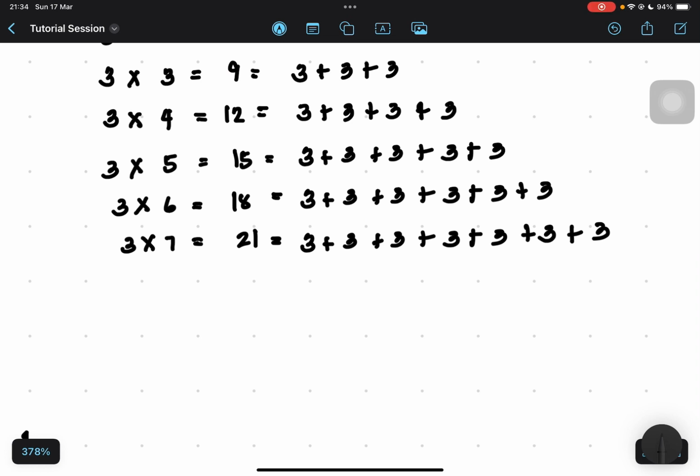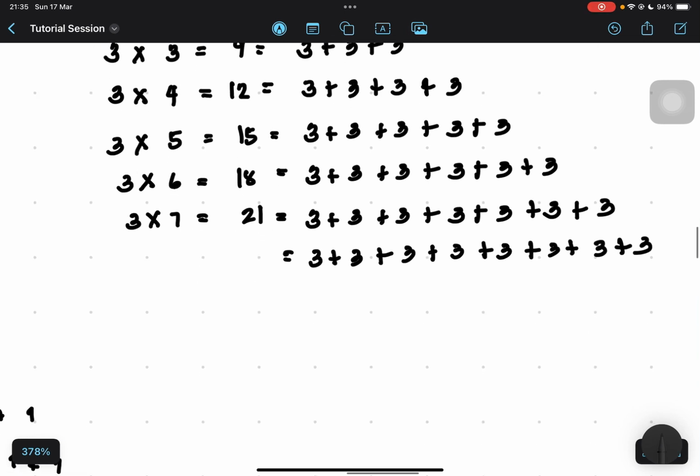Then we add another 3 on it, so it makes the answer 24. So the interpretation should be we add 3 eight times.